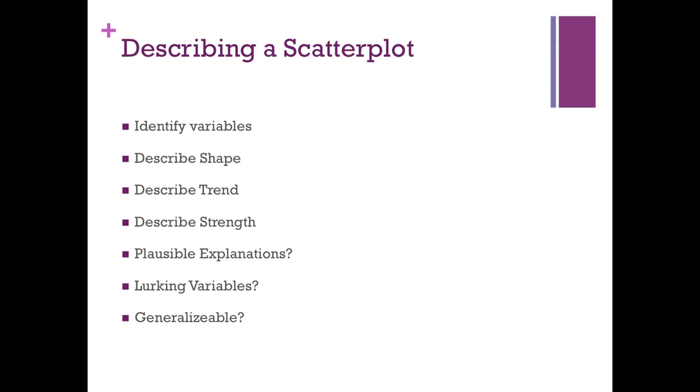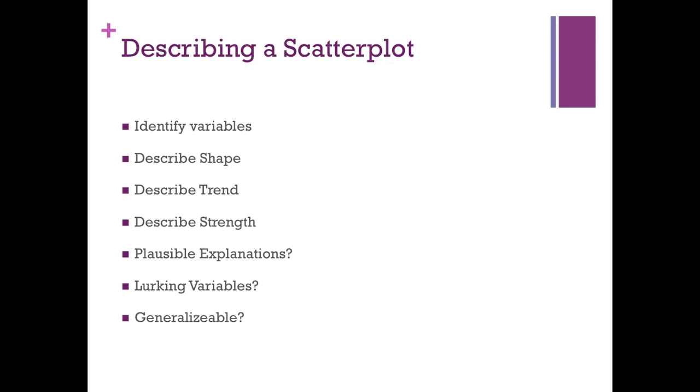You also want to talk about any plausible explanations. So are there explanations for the pattern? Why does the pattern look that way? You want to talk about any lurking variables. And a lurking variable is something that you're not analyzing in X and Y that might cause there to appear to be a relationship.